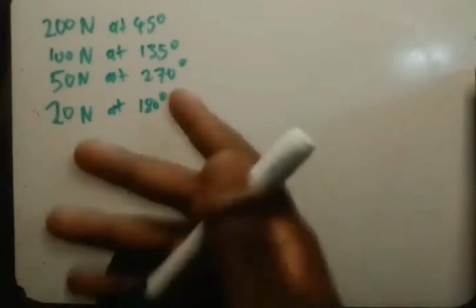Here is the last level. Let's say we're given 4 forces and asked to calculate the resultant using the head to tail method. We have to draw all of this, so let's begin to draw.